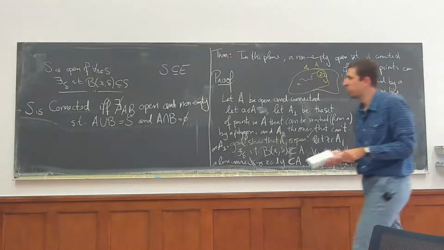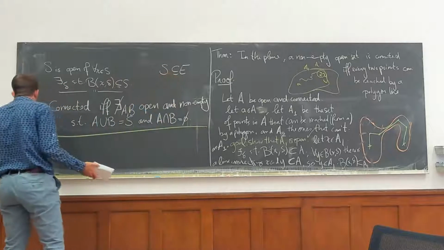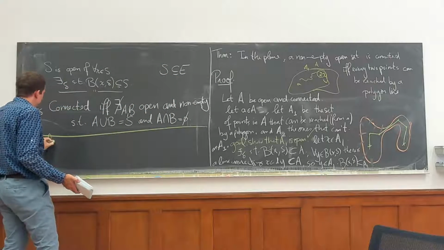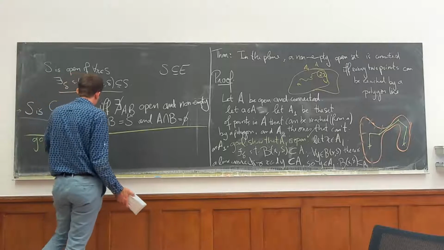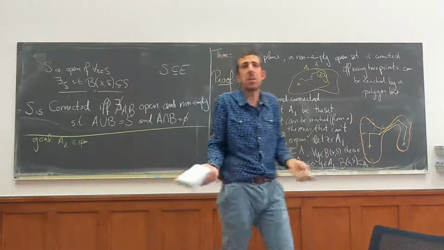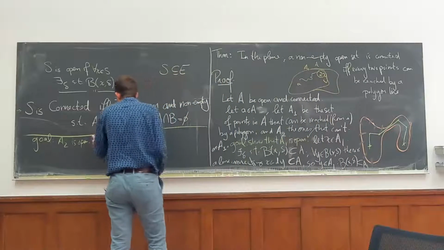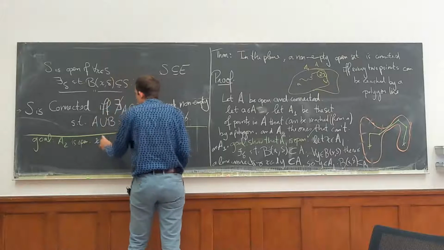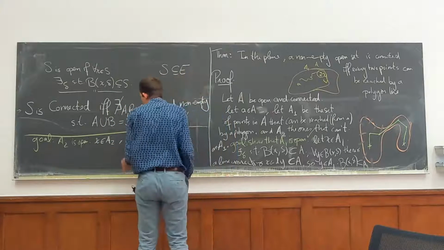All right, now second goal: prove that A2 is also open. If it's empty, it's open, which is not very interesting. So let's take a point X in A2. Let's do the same thing.